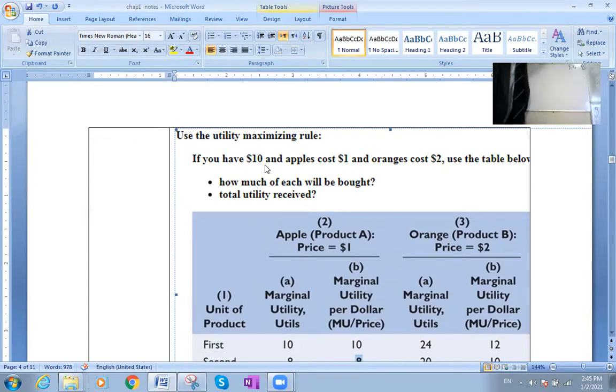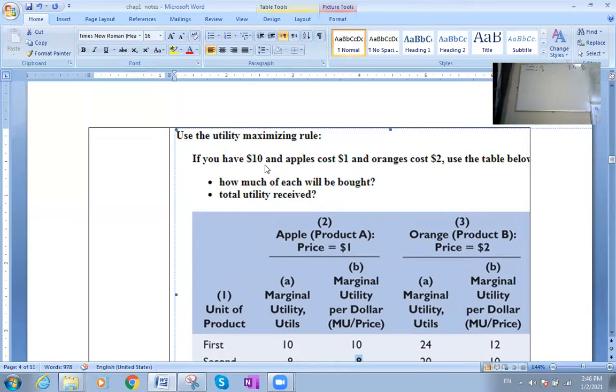The first product is the apple, and we'll give it the letter A. The second product is the orange, and we'll give it the letter B.